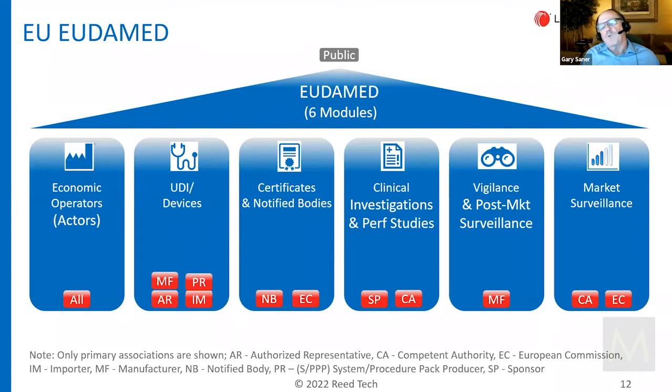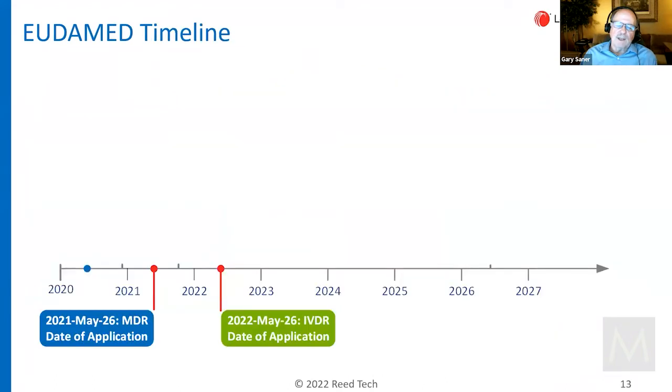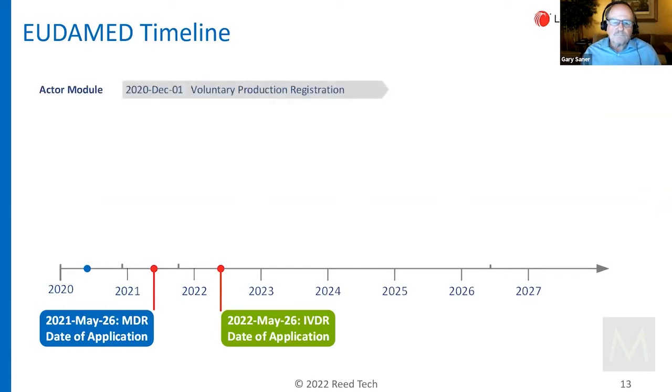Next question people ask, well, what's the timing of all this? So we have these 6 modules, and to follow their development, the European Commission did not roll out all those simultaneously. It's kind of a staggered development effort. The first one has been open for voluntary use since 2020. So in December of 2020, you could register your company.